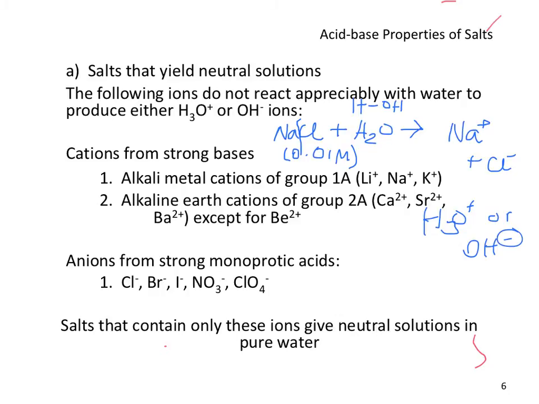So it's not that you would be able to have the sodium react with the OH and have the H plus react with the Cl. That is not seen. And the reason for that is probably because Cl negative is essentially a conjugate base of a strong acid, which is HCl.